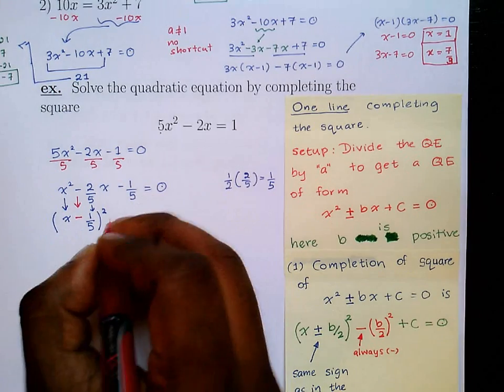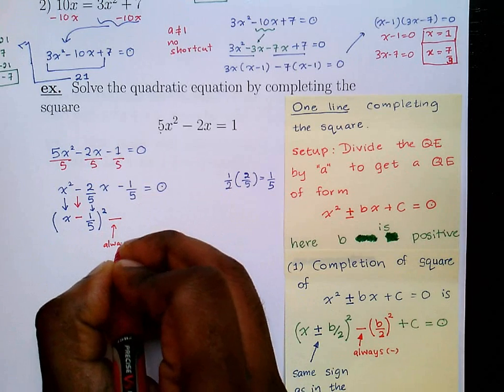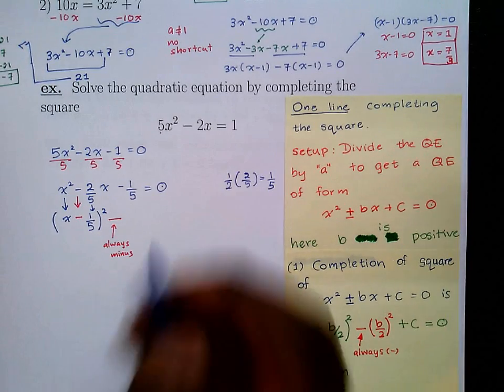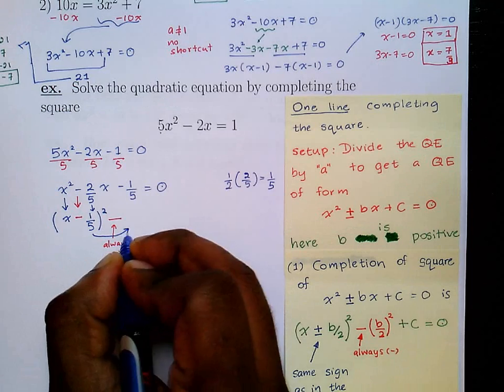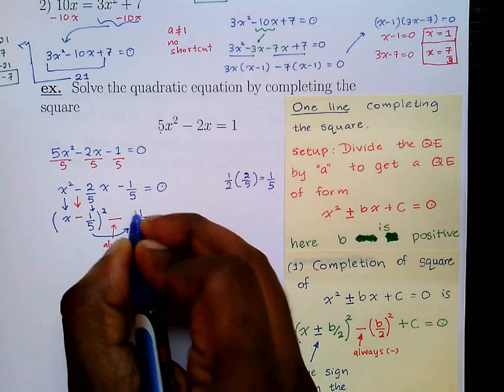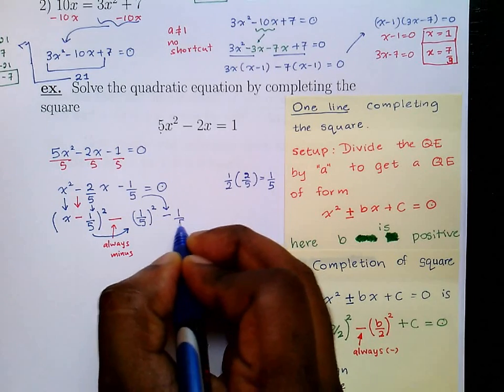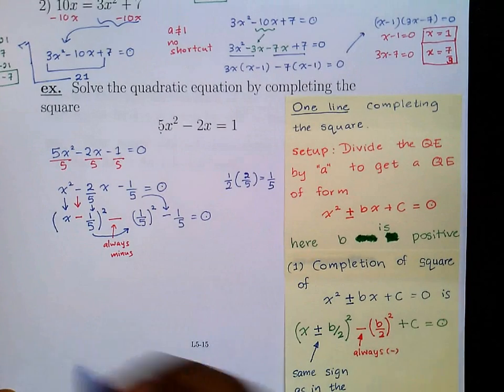And then always minus this guy squared. And then just bring this down. Equals 0. Okay, so that's how we do it.